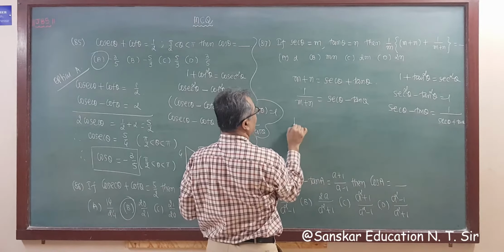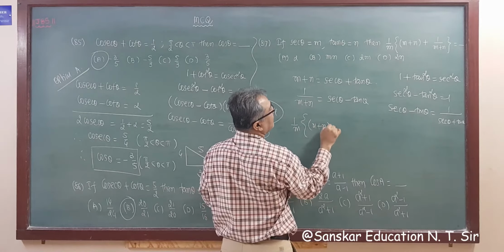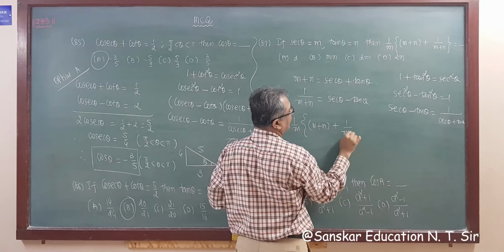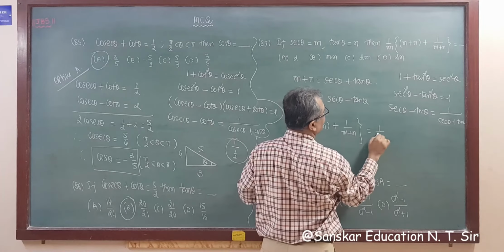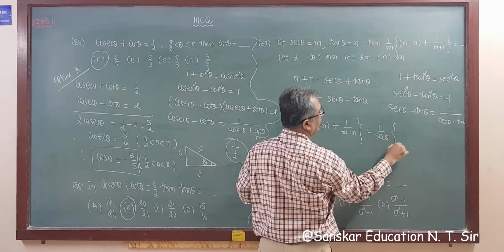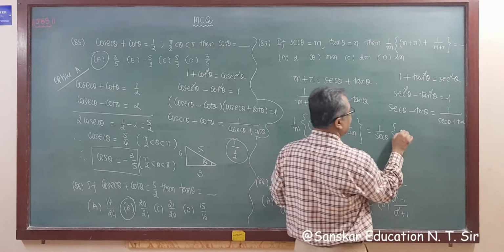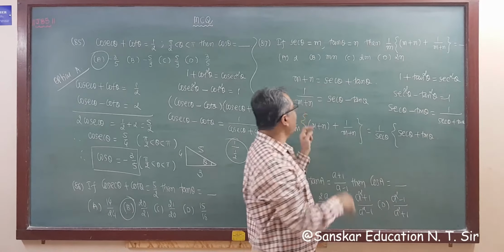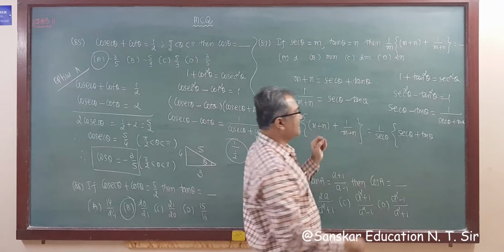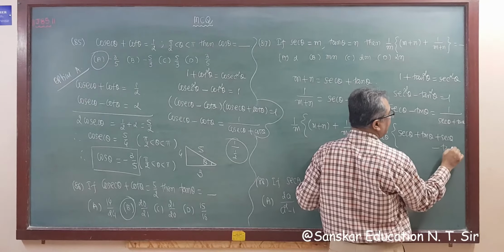So if I solve 1 upon m plus n plus 1 upon m plus n, the answer is m, and m is sec theta. So this is 1 upon sec theta. Now m plus n is sec theta plus tan theta as given, and 1 upon m plus n is sec theta minus tan theta, so plus sec theta minus tan theta.